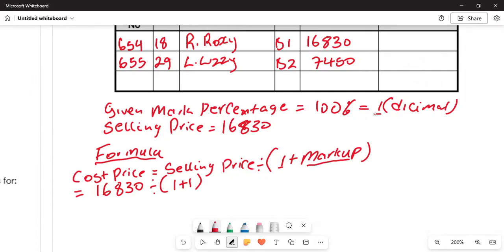So it means now again 16,830 divided by 2, which is 1 plus 1. Now the answer for our cost price is going to be 8,415.